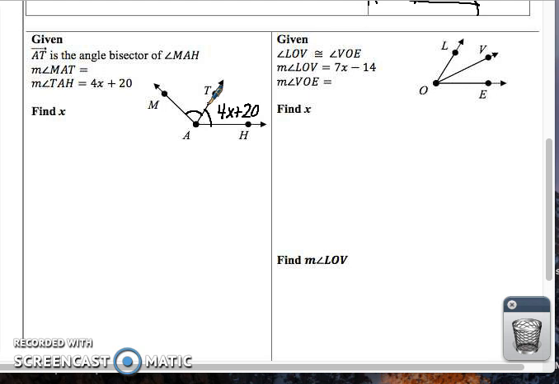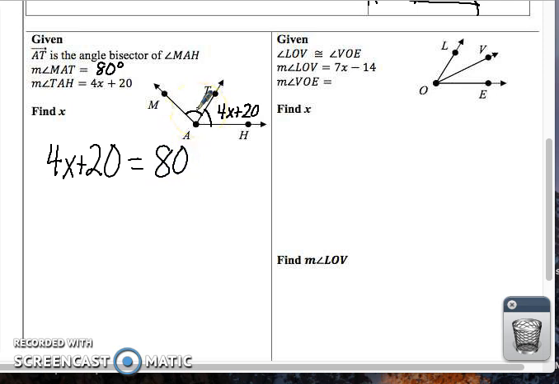So let me throw something out there first to solve. What if I tell you the measure of angle MAT is 80 degrees? Can we find x? Well, hopefully so. We set them equal to each other because 4x plus 20 is equal to 80. Those two have to be equal because they're congruent.